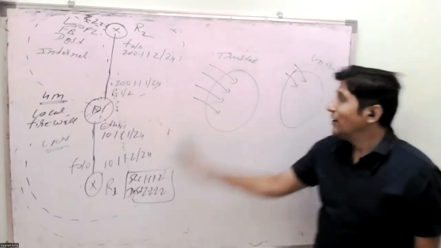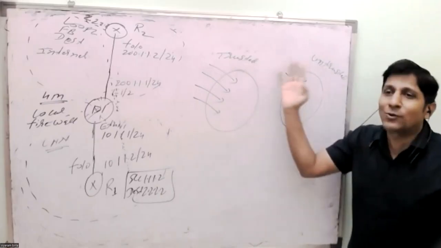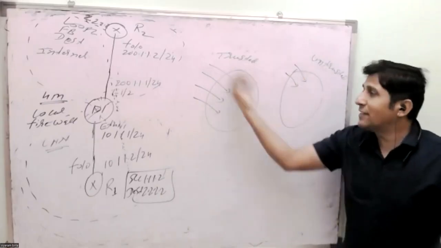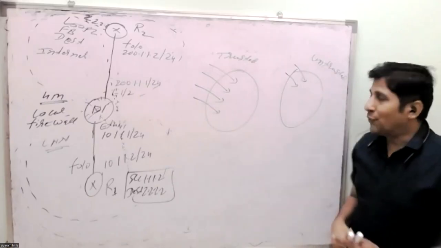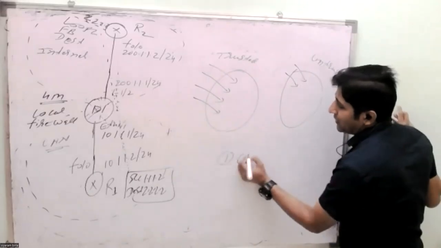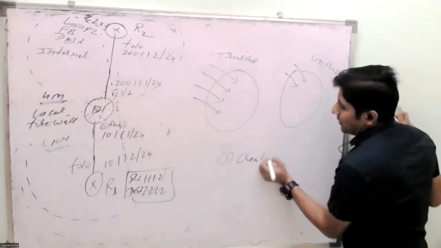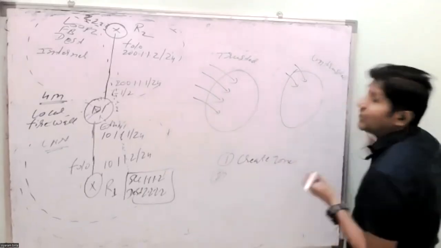So what happened? The funda is that first we need to create a logical group, and then we assign the interfaces. Similarly here, we have to create a zone, and after that we assign the interface.